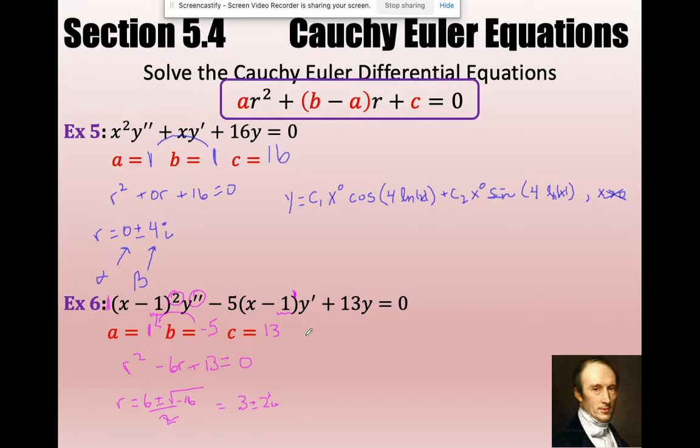So my solution looked like x to the third power cosine of the coefficient of the imaginary, ln x? No, not ln x. ln what? Aha! Snap.